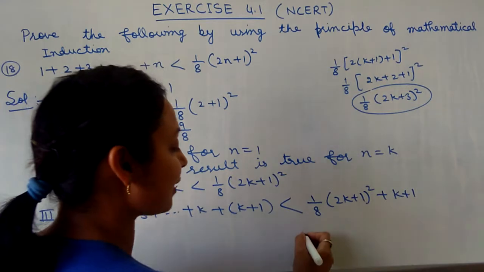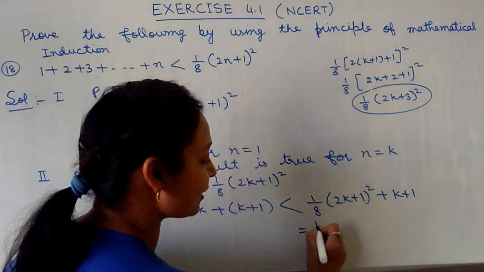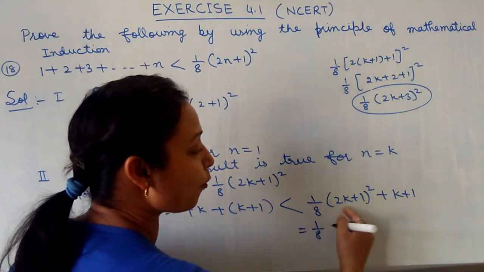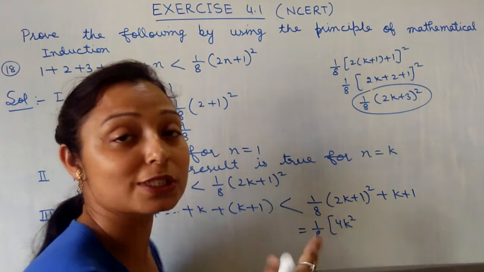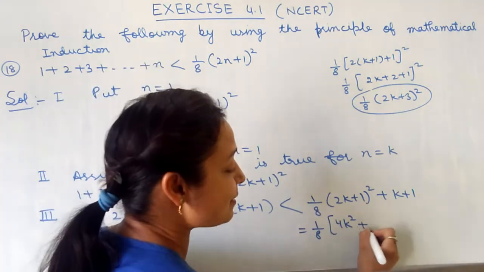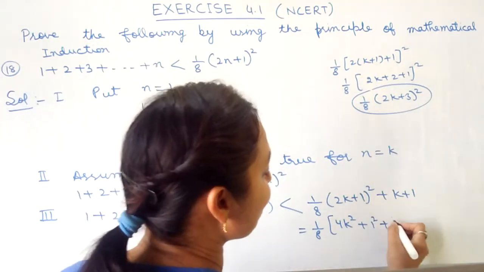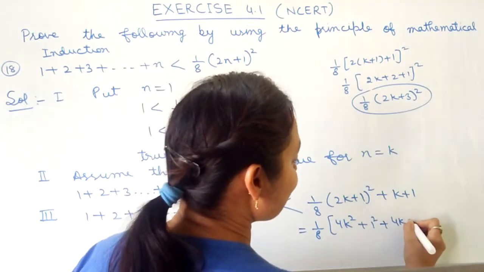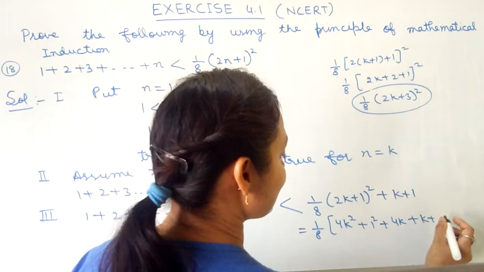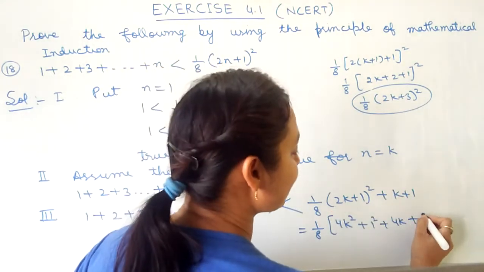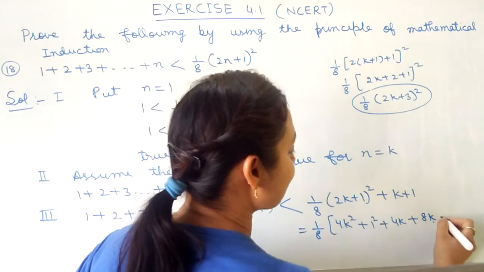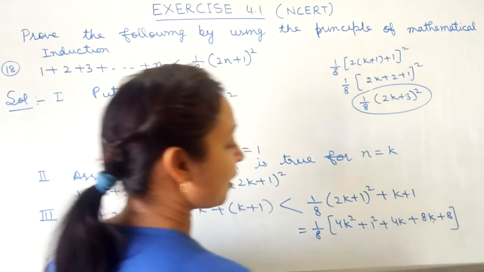So what is the result by solving? We have 1 upon 8. When you open it, a plus b whole square is a square plus b square plus 2ab, so it equals 4k square plus 4k plus 1, plus k plus 1. When you take the LCM, it becomes 8k plus 8, right?